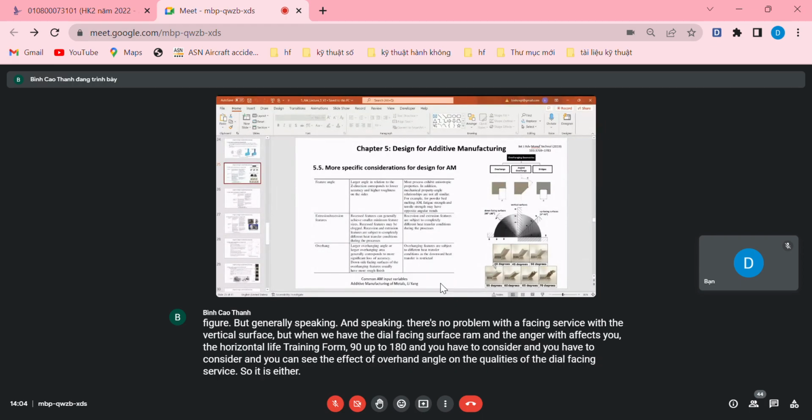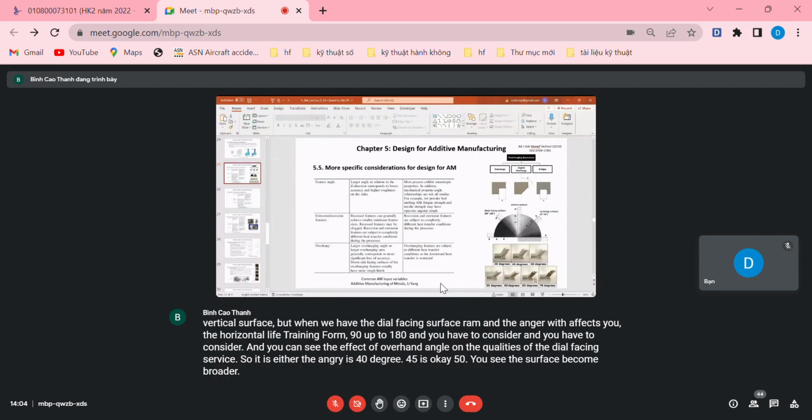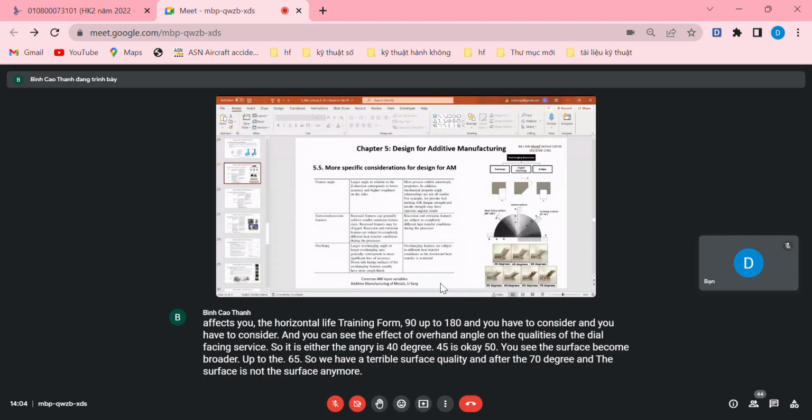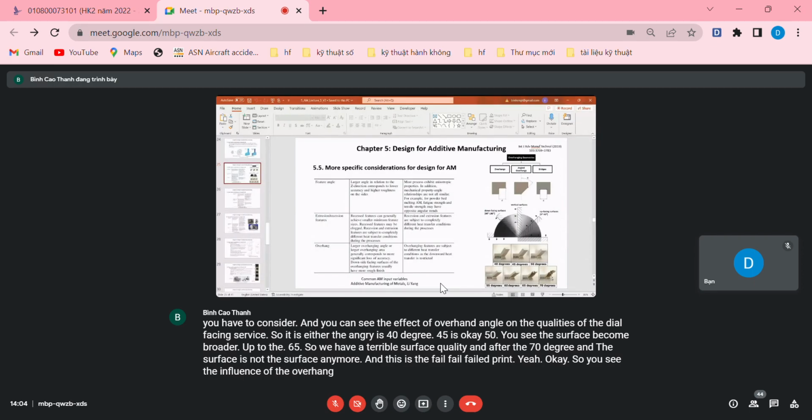If the angle is 40 degrees, 45 is okay. At 50, you see the surface become larger, up to 65. So we have a terrible surface quality, and up to 70 degrees the surface is not a surface anymore, and this is a failed print.